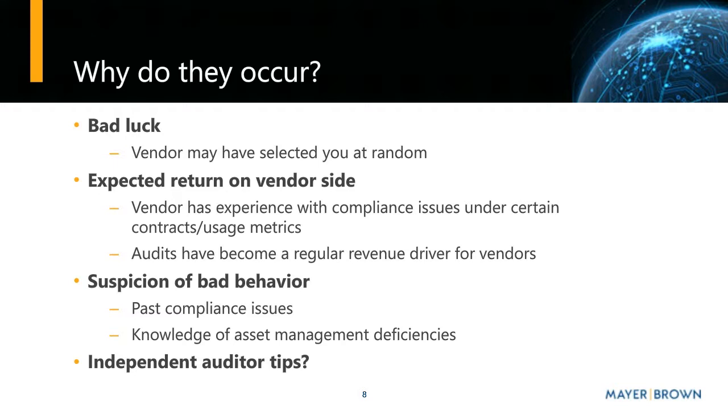And then the final reason, it's a bit of an urban legend, but it has been said that independent auditors which discover irregularities during their audit might tip off the right people with the software vendors, and this might also lead to software audits.